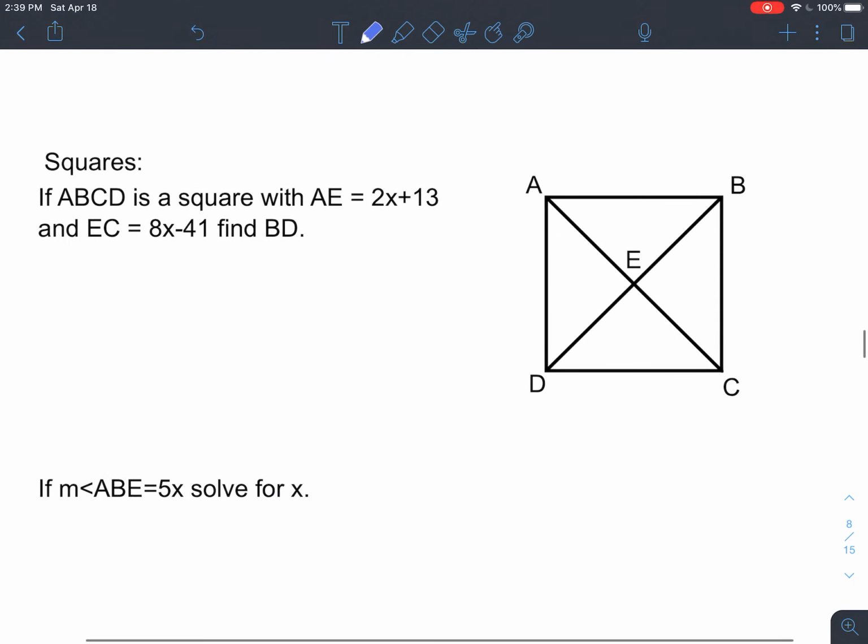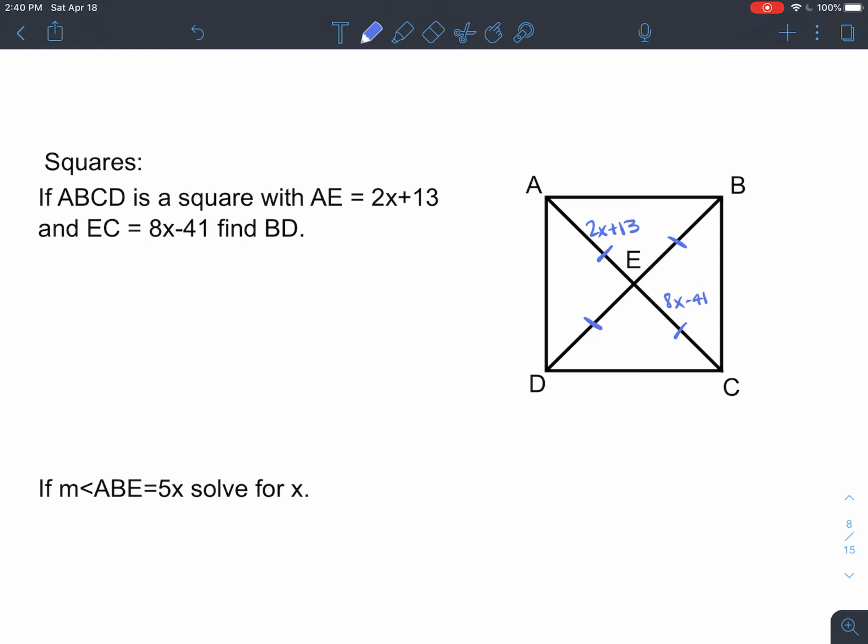And a square. If ABCD is a square, AE is 2x plus 13. EC is 8x minus 41. It wants us to find the length of BD. So because this is a square, that is a rectangle, our diagonals not only bisect each other, but they will also be congruent to one another. So AE and EC, DE, and EB will all be congruent.